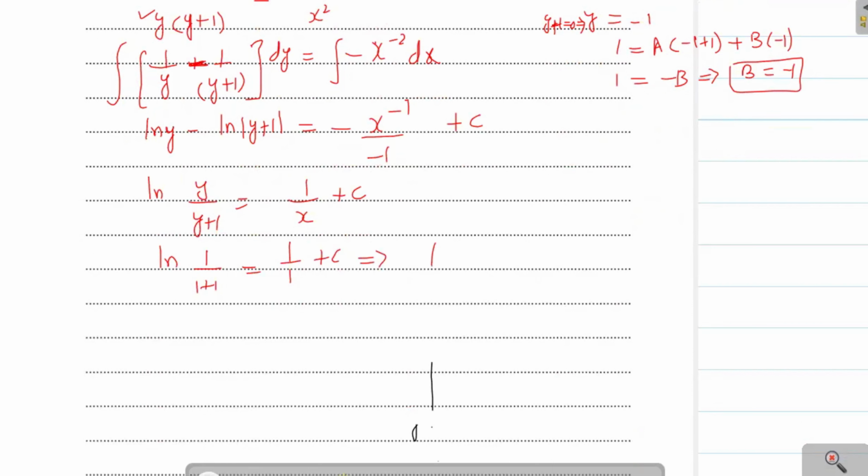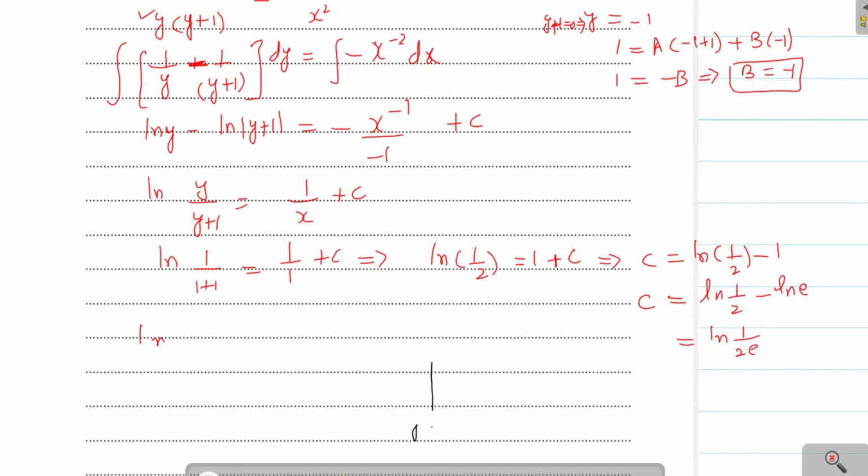We can write it as ln 1 over 2 equal to 1 plus c, and we write here c equal to ln 1 over 2 minus 1, and we can write this c equal to ln 1 over 2 minus ln e, and this will be equal to ln 1 over 2e.